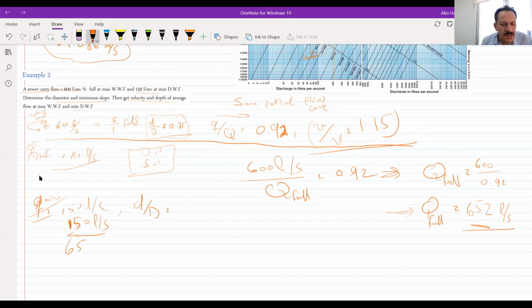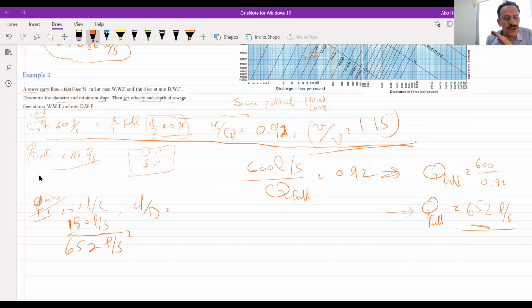In the case of the maximum flow, 600 liters per second, we said the sewer is at 75% fullness. Now, when we have a lower value of flow, which is the minimum dry weather flow, that's 150.